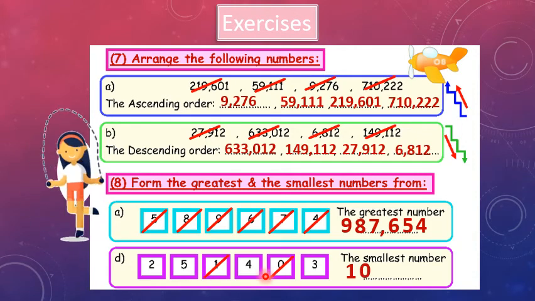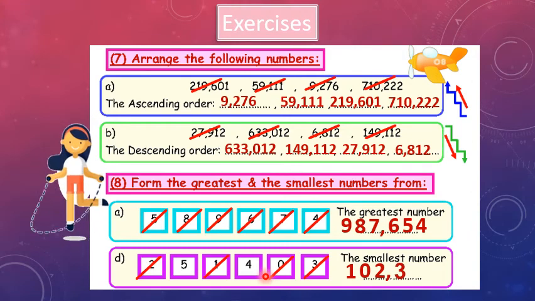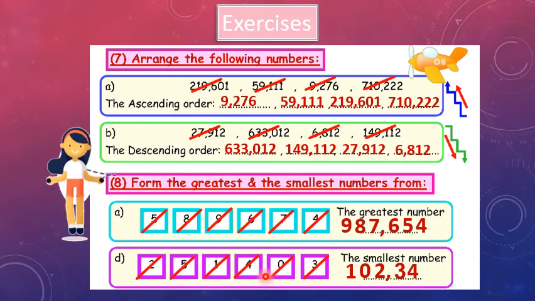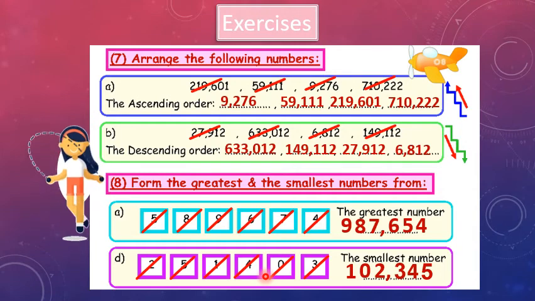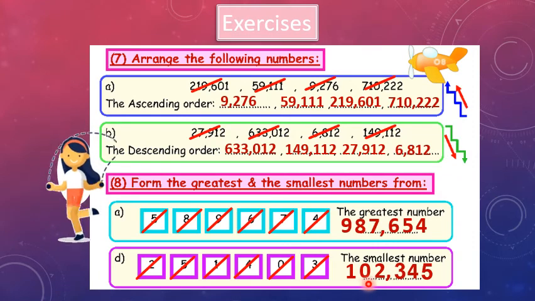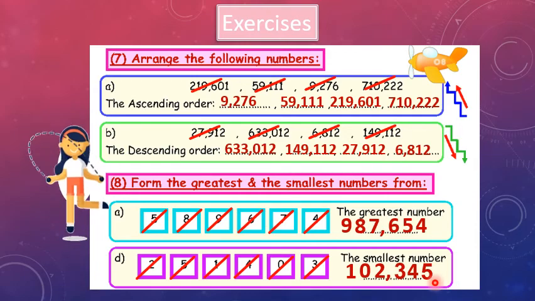Then put 0 after it. Then 2, then 3, then 4, then 5. Then count ones, tens, hundreds and put your comma. Then read this number: 102,345. Good job.